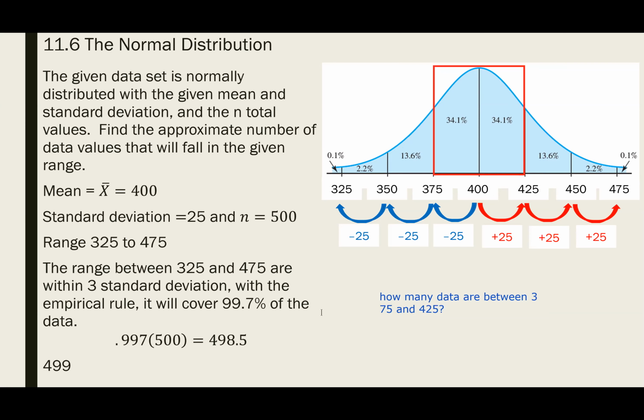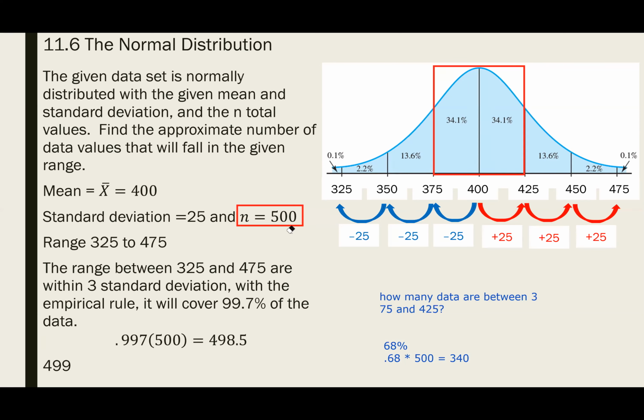So all you do is say 68% multiplied by 500, the total people we have, and you get 340, meaning roughly 340 data out of the 500 that we have will be between 375 and 425.